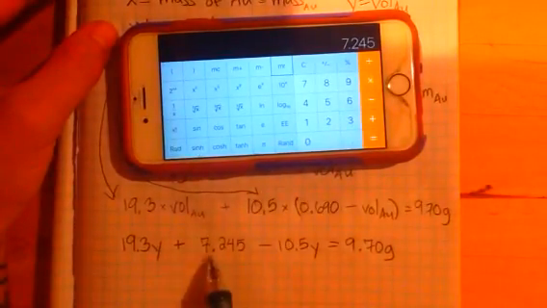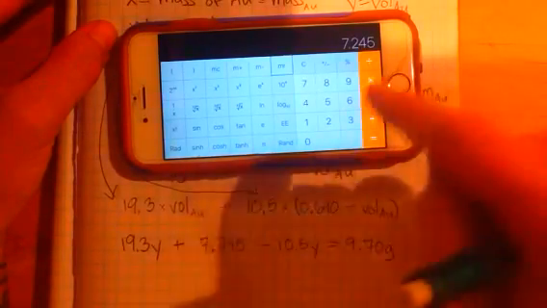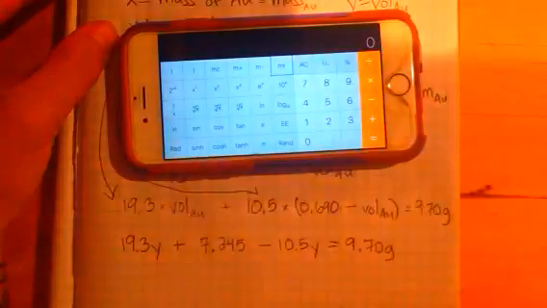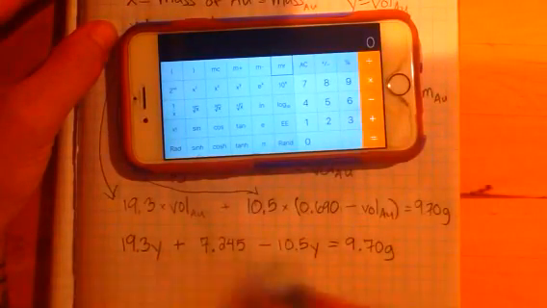If I have positive 7.245 on one side, I'll clear that out. Let's maybe combine these two here.